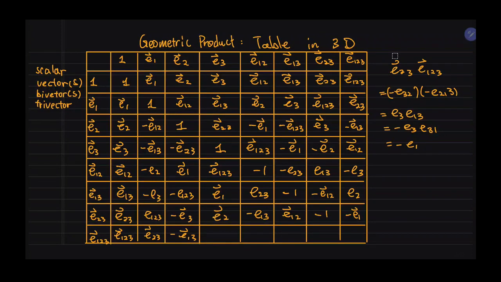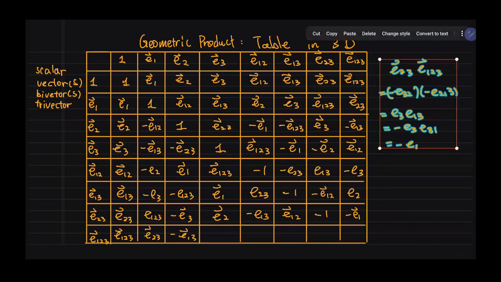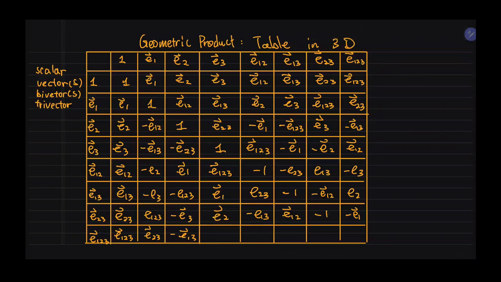Now we carry on the rest of the calculation. So E123 E3 just becomes E12, and E123 E2, 1 2 3 E2.